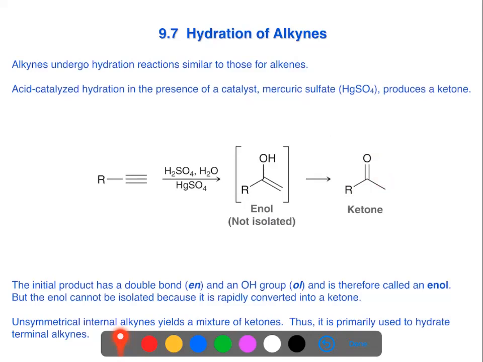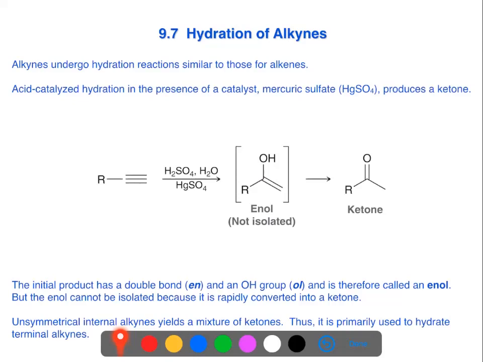So you can see that this carbon is this carbon in our enol. And so to either side of that carbon, we have an R group, a carbon-based system. And so in this case, we have our R group. And because we're working with a terminal alkyne, the other alkyl group of the ketone will always be a methyl group.